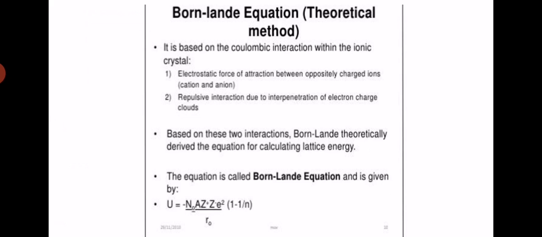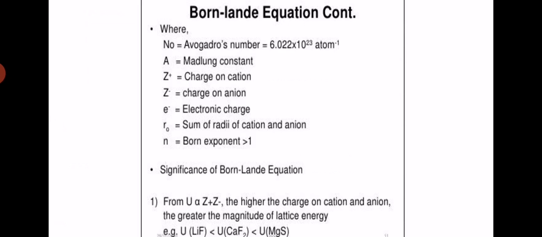And the notations are, where N naught is nothing but Avogadro's number. The value of Avogadro number we know, that is 6.022 into 10 raised to 23 per mole. And A is the Madelung constant.